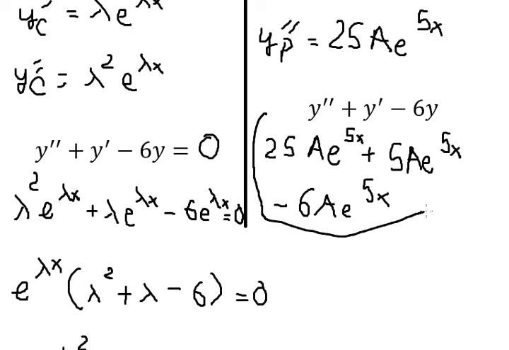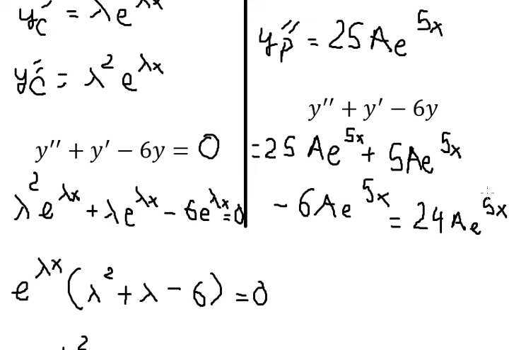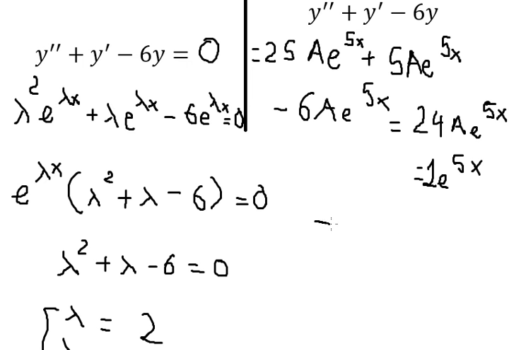Now we need to simplify this one, and we have number 24A e to the power of 5s, and this is equal to e to the power of 5s. We know that the coefficient of this one is number 1. That means 24A equals number 1.